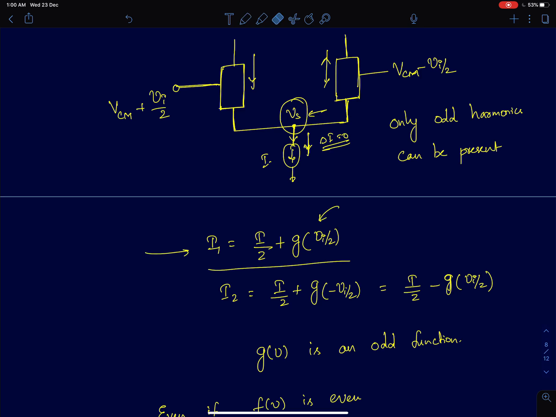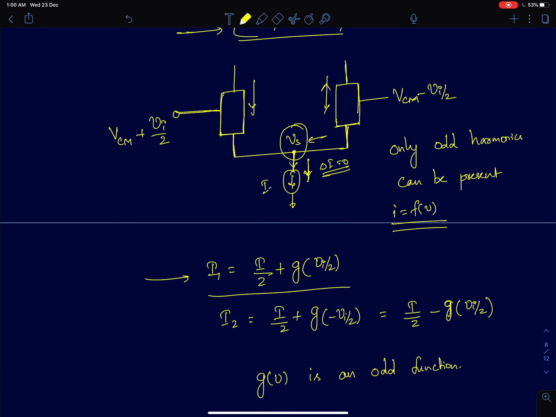of Vi. So I've started with a device current I given by f of V. But now I'm just writing this current I1 in terms of Vi with a function G, some other function G, and similarly I2 is given by I by 2 plus G of minus Vi by 2.